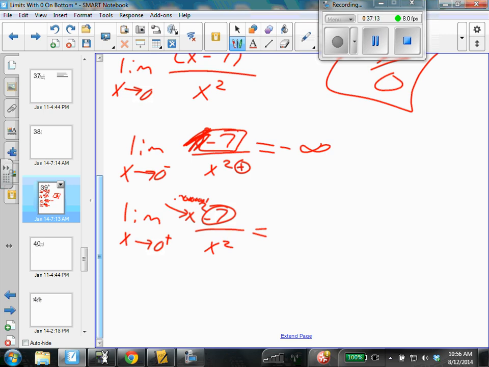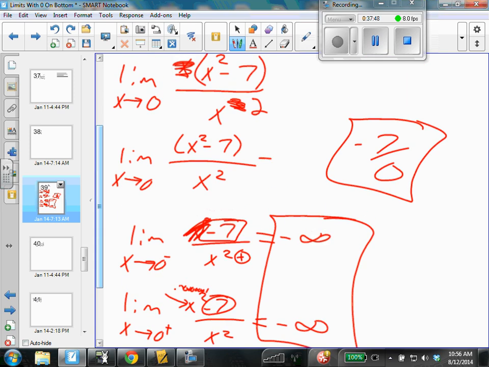But on the bottom, the little number is just getting completely dominated up top. It doesn't even matter anymore, okay? But on bottom, the little number is all there is. And so we have to really pay attention to the little number. Little positive number and square it, and what's going to happen? A little bitty positive number. So a negative infinity, those two infinities match, and so we're just going to say the limit in general goes to negative infinity.